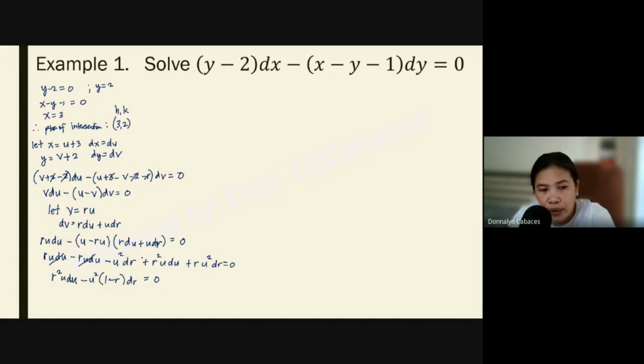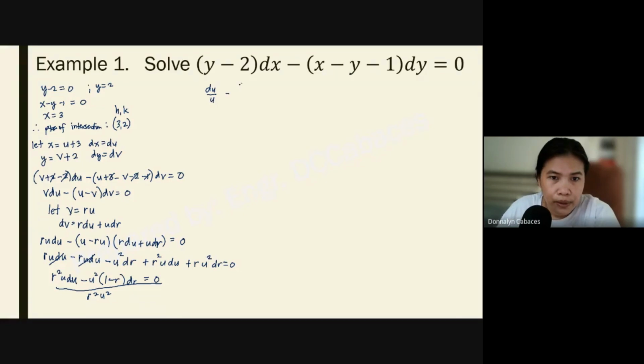And now how are we going to solve this differential equation? If we separate r from u, we divide it by r squared and u squared. So what is now the resulting equation? You have du over u minus (1 minus r) over r squared dr is equal to 0.